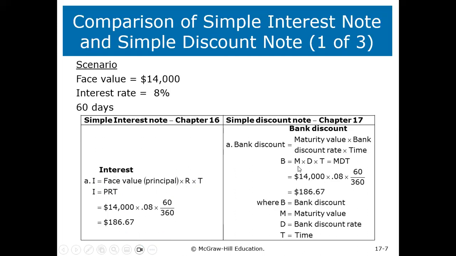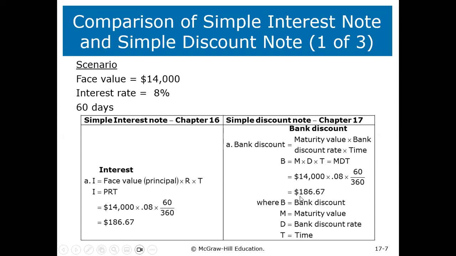So the face value or the principal is 14,000 times a discount of 0.08 and then time of 60 over 360. So it's just similar to the PRT. Here we just call it either PDT or FDT, or sometimes MDT, maturity times discount times time.